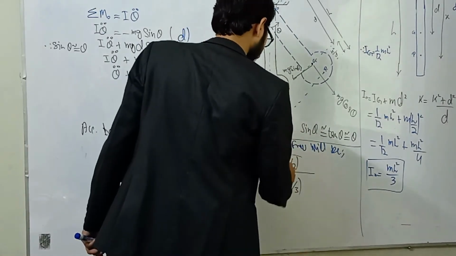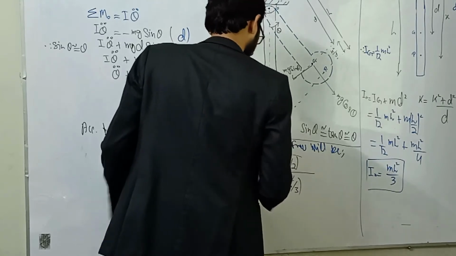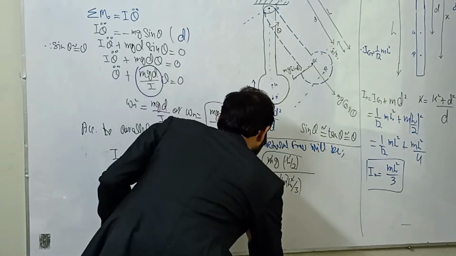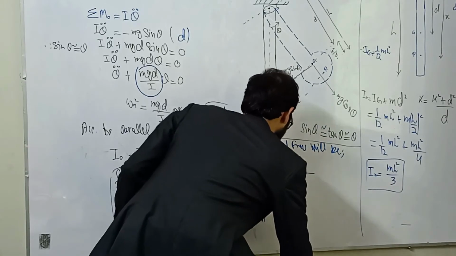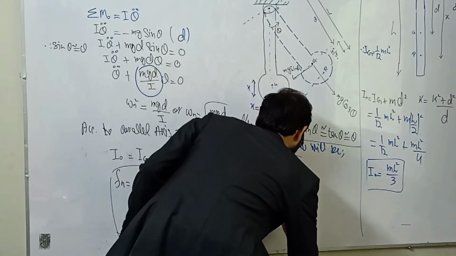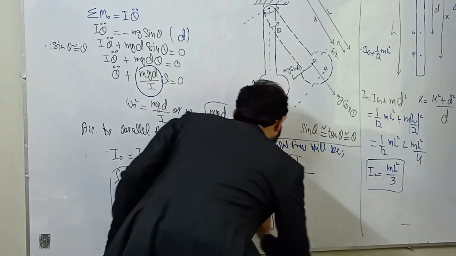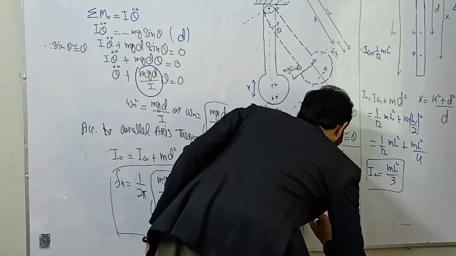So cancelling this with this one, we will have 3g divided by 2L. So Fn is equal to 1 divided by 2 pi square root of 3g divided by 2L. So this is the value of natural frequency.